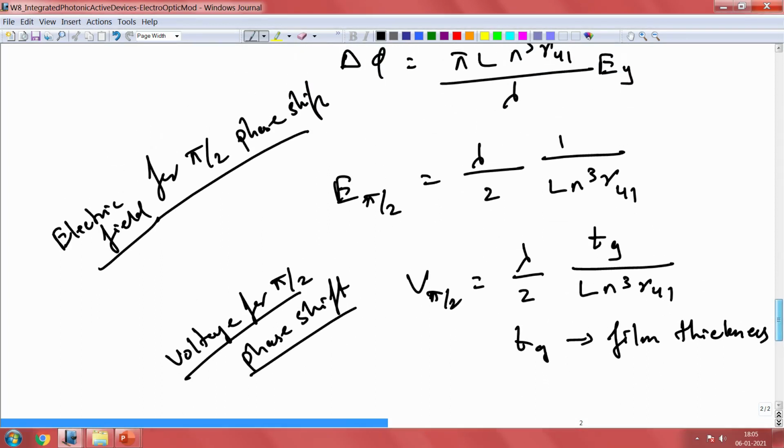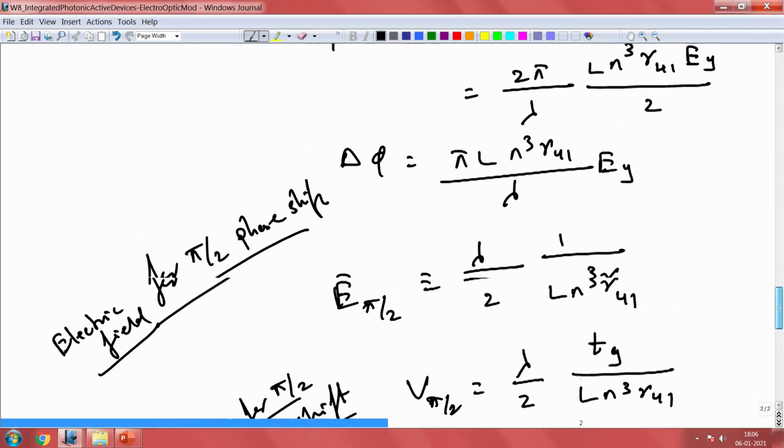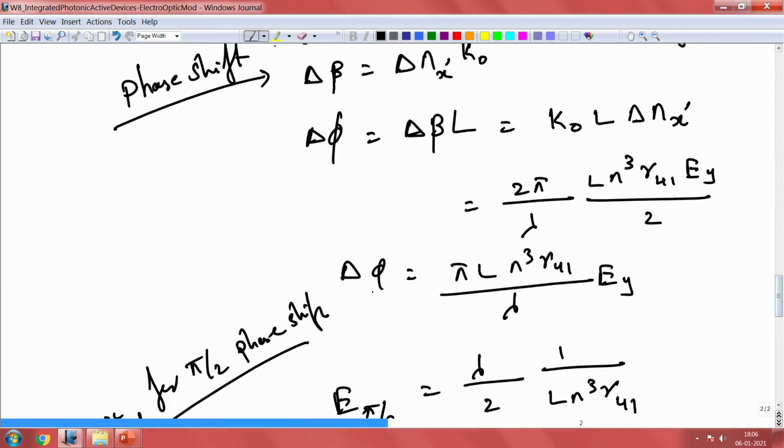Now let us assess this scenario, where the phase shift is directly proportional to the length and the electric field we have. If you want to increase your phase shift, and more often that is what you are trying to do, there are two ways to do it. You can make a very long interaction, or you can increase your field.